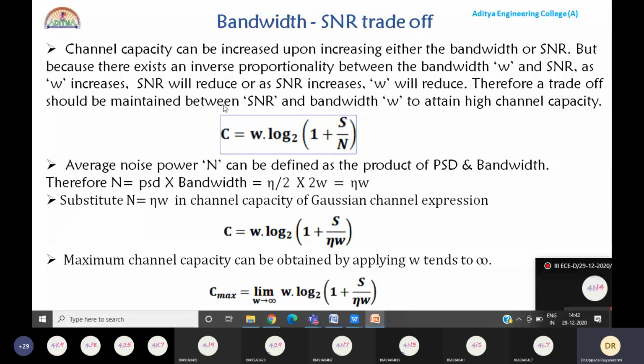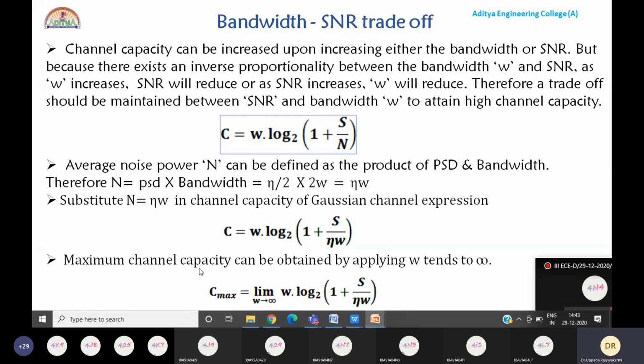Here the bandwidth of the signal following the Nyquist rate is 2 omega. So eta by 2 into 2 omega. Here 2 gets cancelled. Here you will get the noise power as eta into omega, where omega is the maximum frequency of the continuous signal. Now please replace N value as eta omega in the Shannon-Hartley expression. So omega log 1 plus S by eta omega.